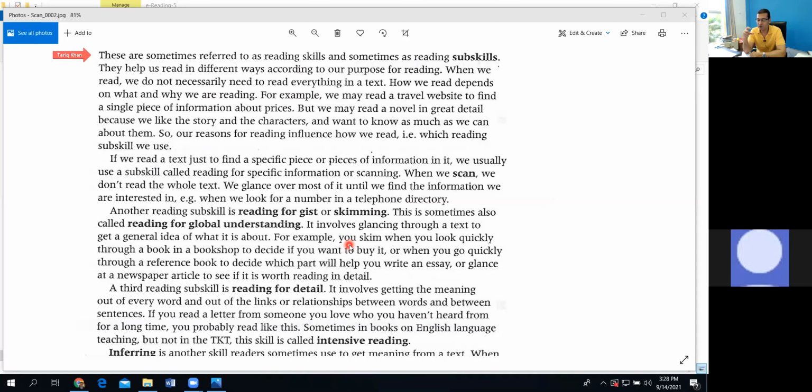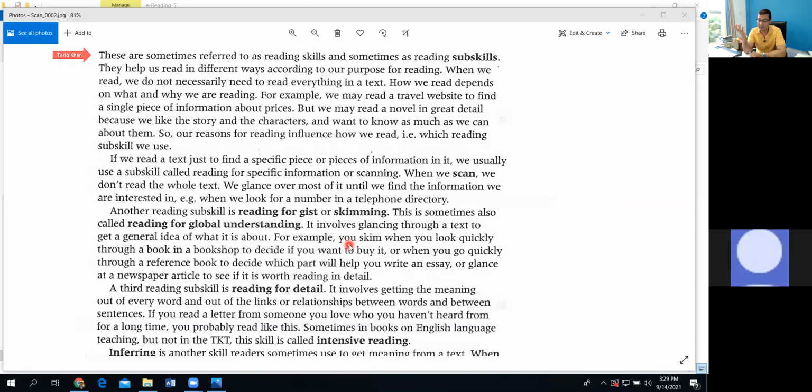Like if you are reading the directory of the phone, checking somebody's number, you are not reading the whole directory. If you are looking for your name on a list on a notice board, you are not reading the whole notice. You are looking for your name and scrolling to that. Eyes are going and finding that one.